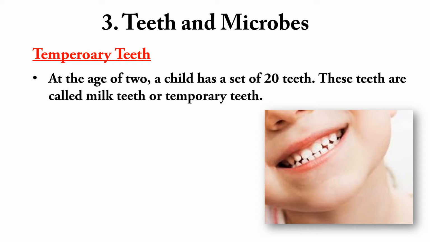They will keep this set for another few years, and keeping these teeth healthy and clean will help them to eat, talk, and avoid problems when the adult teeth grow in.